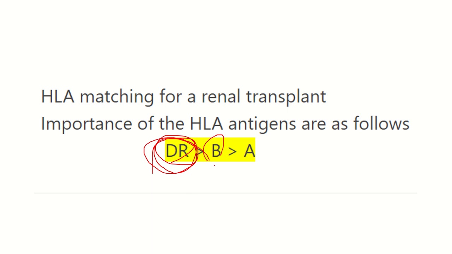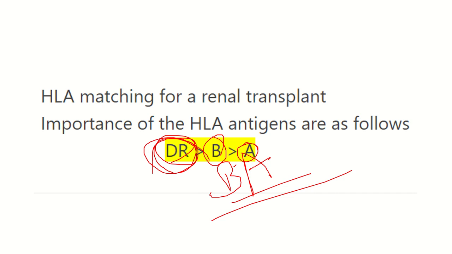Then B, which is a class 1 HLA antigen, and then A. We can remember it another way: BA is another degree worldwide. Doctor is a degree and BA another degree. So DR BA, this sequence.